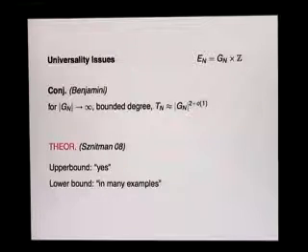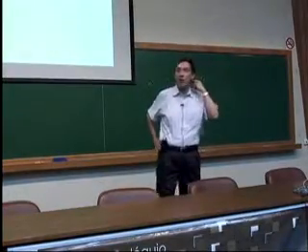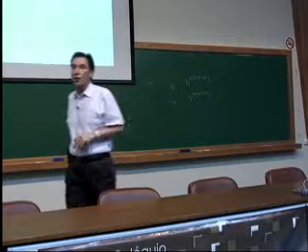And in a theorem of 2008, I proved a result showing that there is meat to this conjecture, in the sense that there is an upper bound on Tn in that generality, and the lower bound holds for many examples. Now, I don't want to discuss here what many examples are because it's not the goal of my talk.